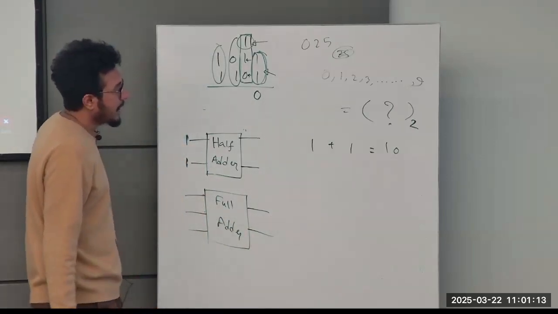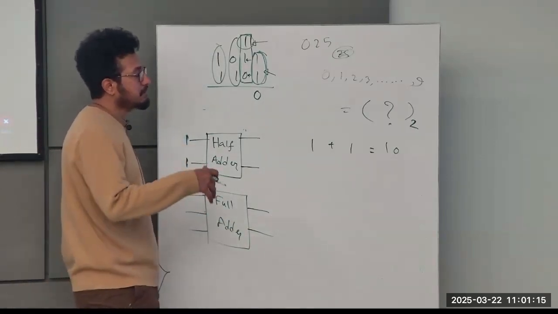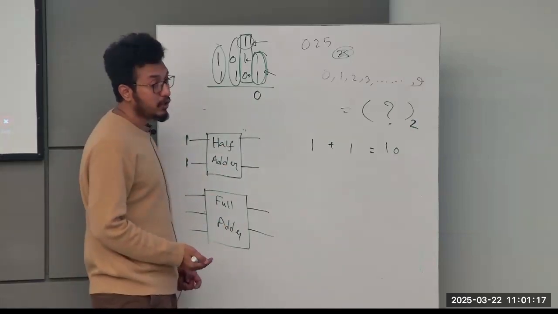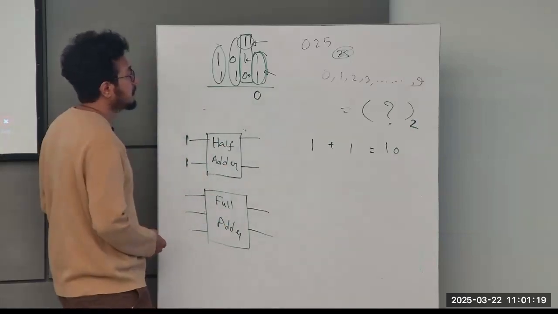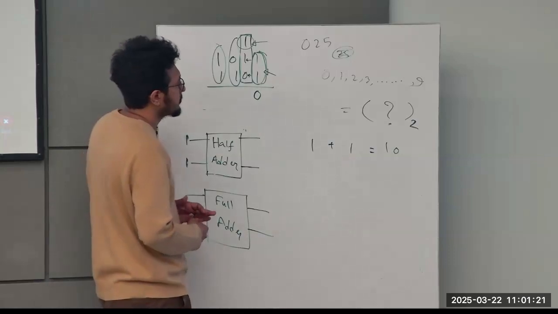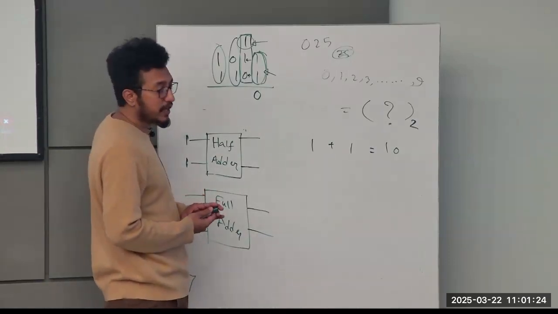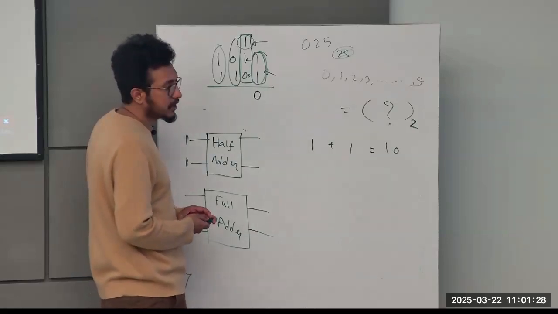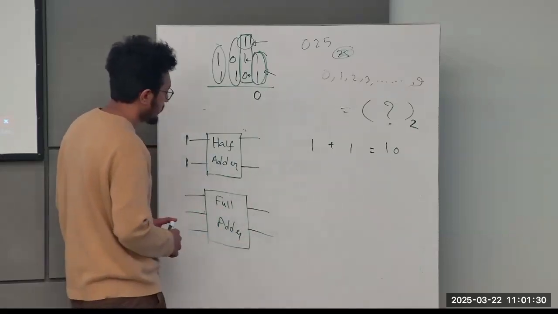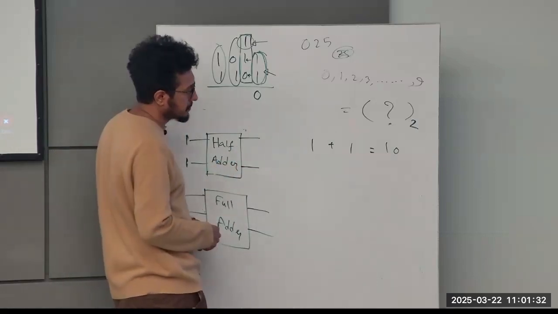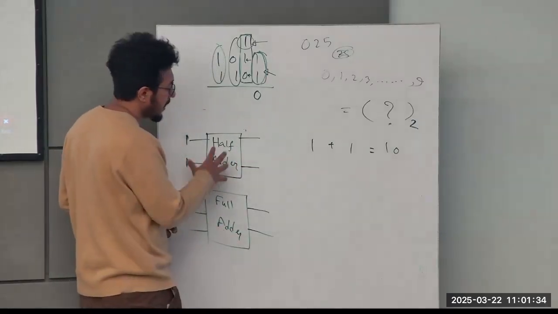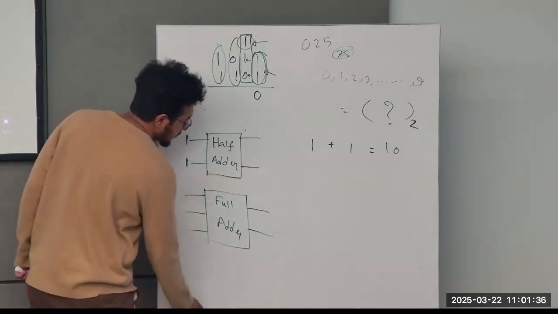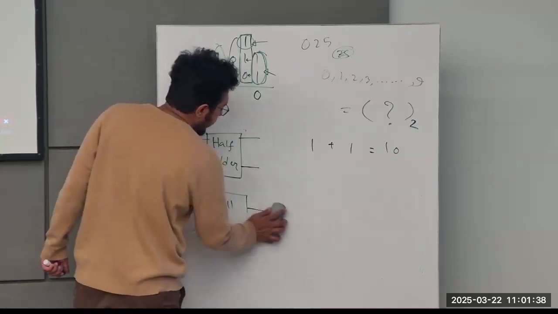I will directly go to the full adder now, because if you understand the basics of the full adder, you can definitely jump to the half adder. The slide gives you the idea of half adder. Half adder is pretty simple, but let's go to the full adder circuit.